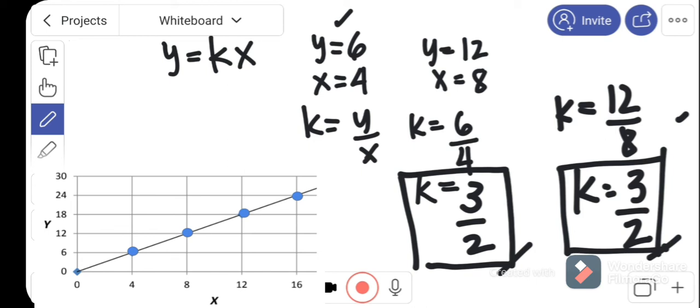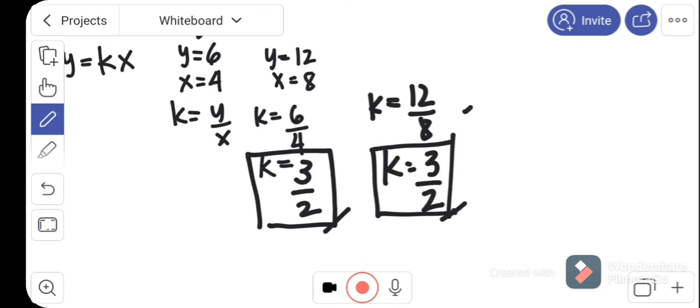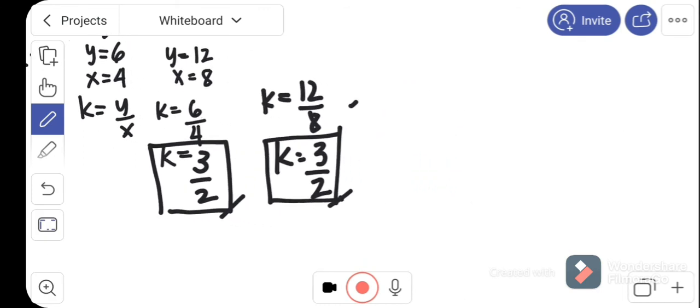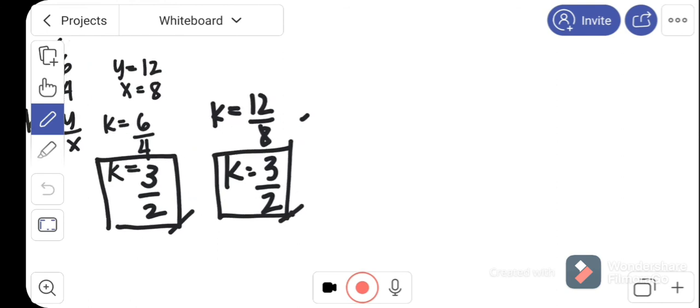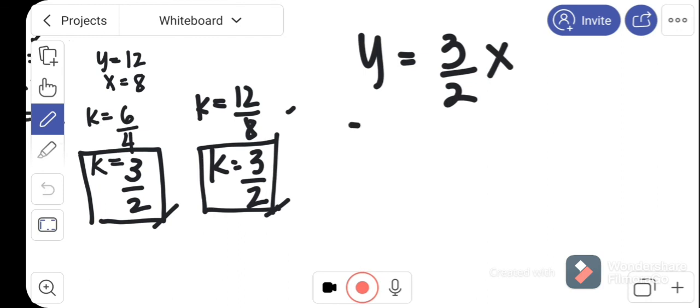Then we can say that our constant of variation is 3/2. Now, let's substitute this 3/2 into our equation. That will make it y is equal to 3/2 x as our equation of that given graph.